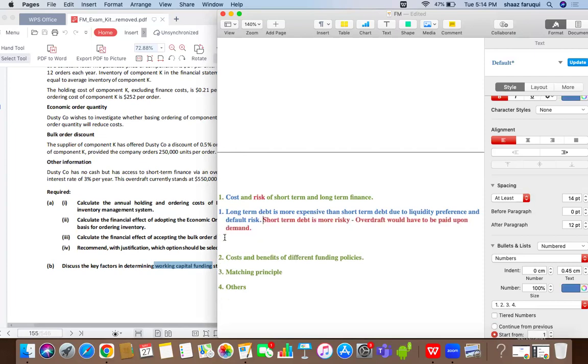Just join. Short-term debt is cheaper as compared to long-term debt, but is more risky. Again, remove this dash and give examples, elaborate on that.